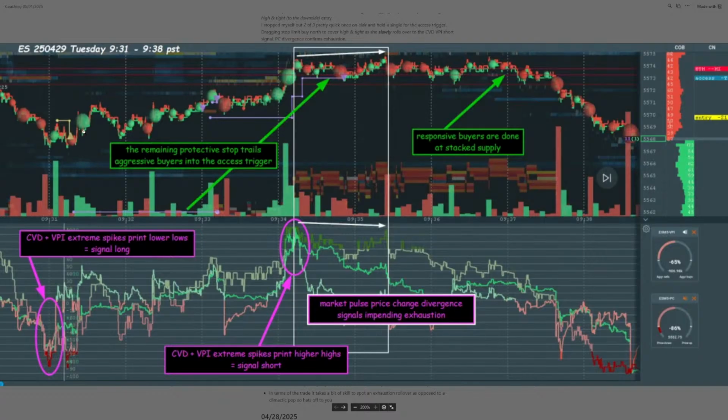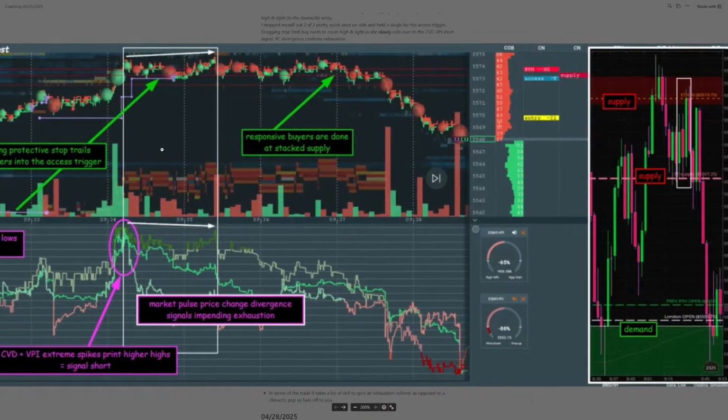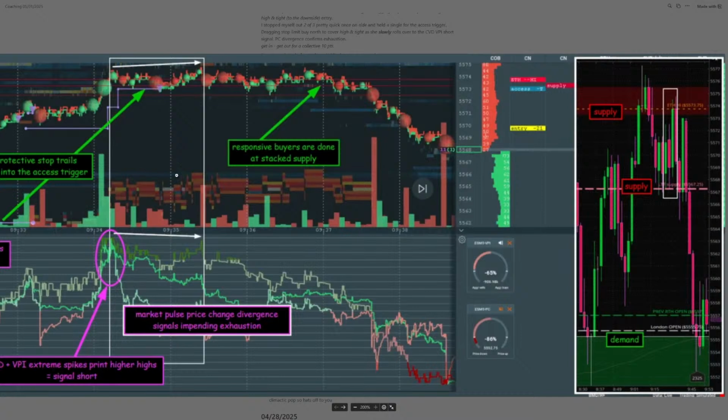But can you scroll to the right side of that same chart, Bruce? Okay. So look at the two levels I have tagged supply. Those are my higher time frame levels. So we have price rotating all the way from demand back up to supply.